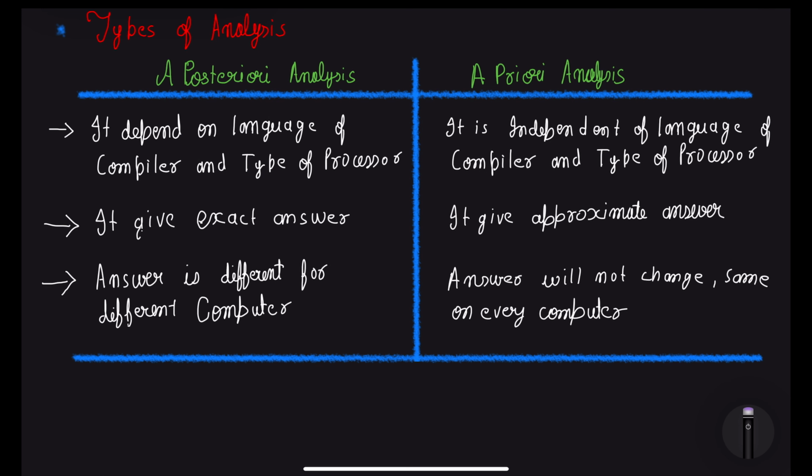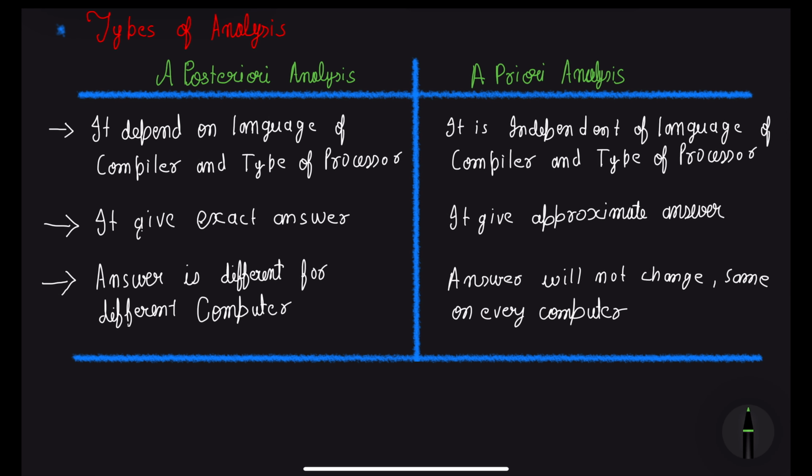In a priori analysis, it is independent of the language of the compiler and the type of processor. Second point, in posteriori analysis, it gives an exact answer. It is calculated after the execution of a program, so the value we get is generally in milli or microsecond. In case of a priori analysis, it gives an approximate answer.